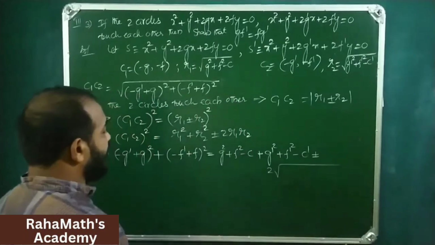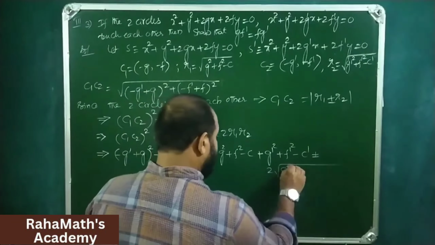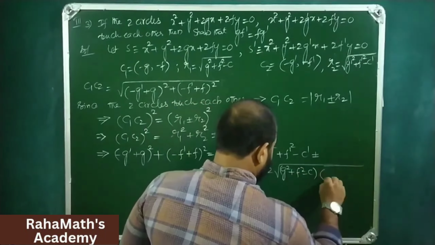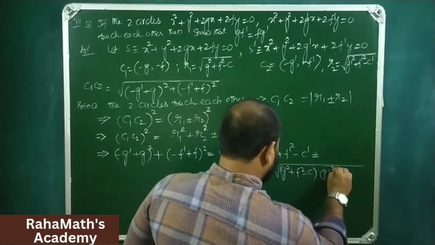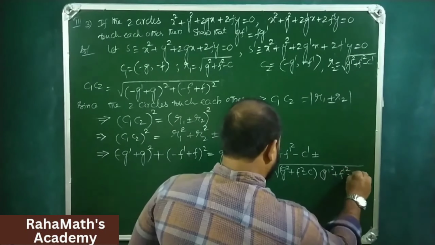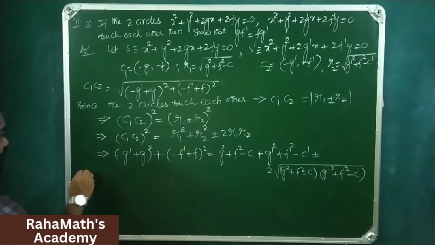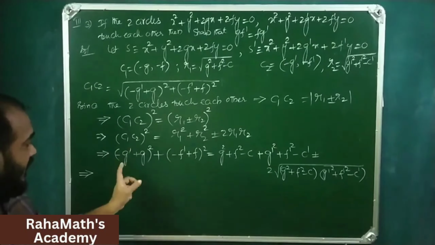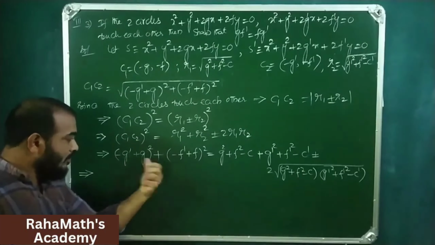2 R1 R2 is g square plus f square minus c, into g dash square plus f dash square minus c dash. This is equal to, if I expand it, a plus b, a minus b whole square, a square plus b square minus 2ab.